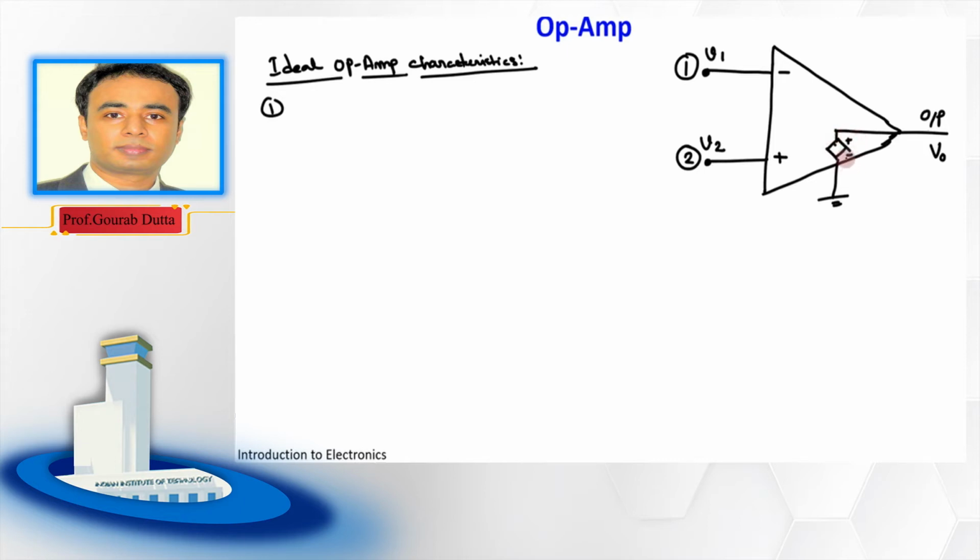The amplitude of this dependent source is A_OD times the difference between the two input voltages, that is V2 minus V1. And this is the output.